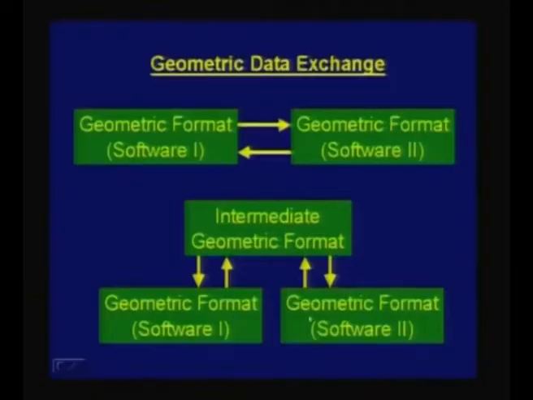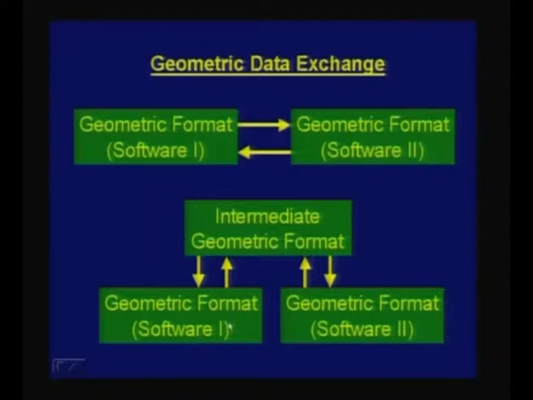Another way of looking at geometric data translation is, in order to move from one particular software to another particular software, I do not have a direct translator between these two packages, but I make use of some intermediate format which can be a standard, or a universally accepted format in some manner.